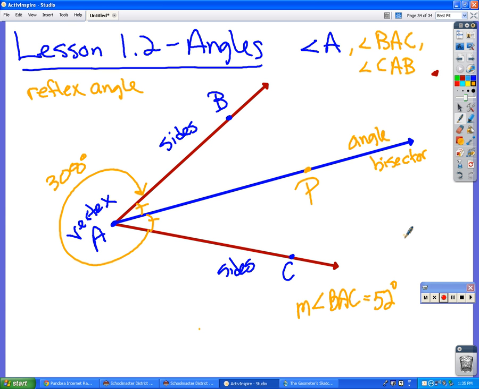So if there's more than one angle at a vertex, then you need to use more than one letter to name that angle. What could I call this top angle right here? BAP. So that would be angle BAP on top, or I could switch those around and go PAB if I wanted to. And this one on the bottom would be angle PAC. So if there's more than one angle at a vertex, you need to use more than one letter to name that angle.